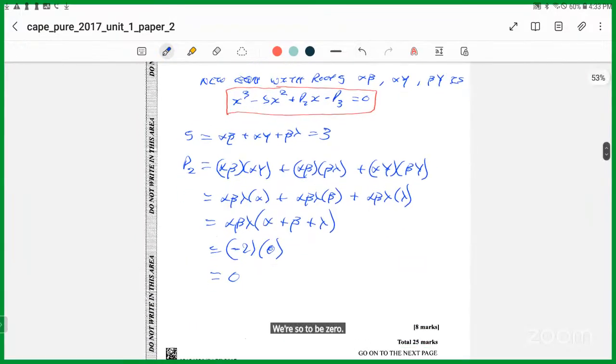And then P3 now is just the product of these three things. Multiply them.